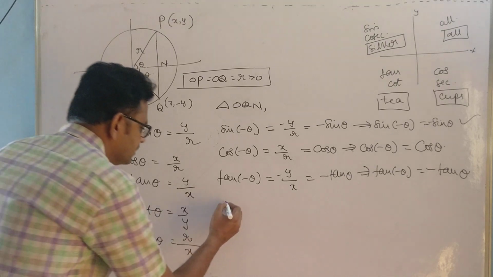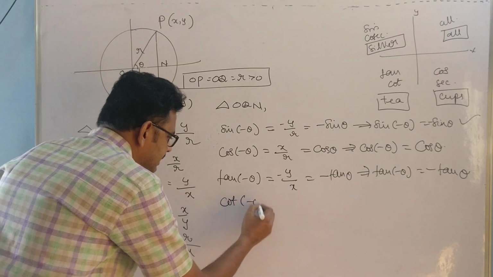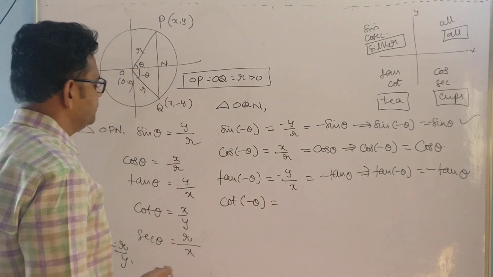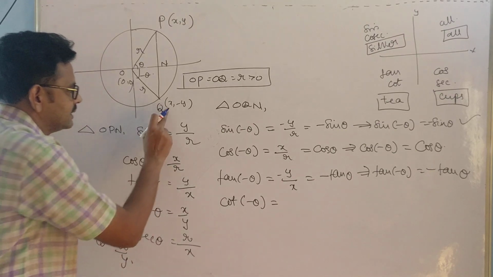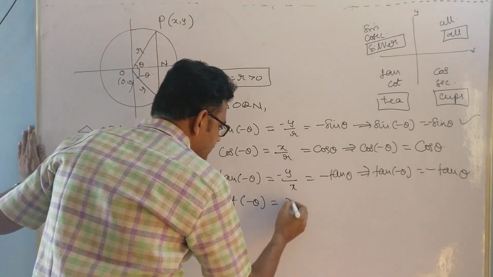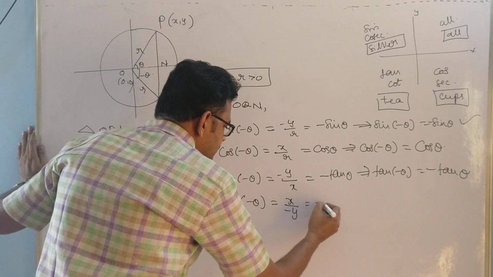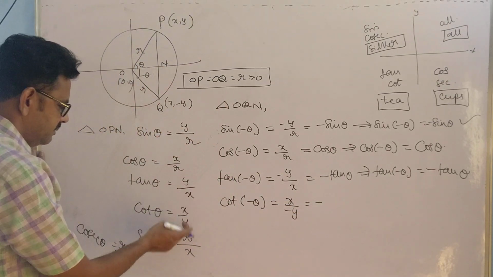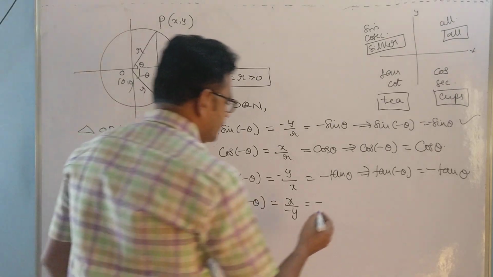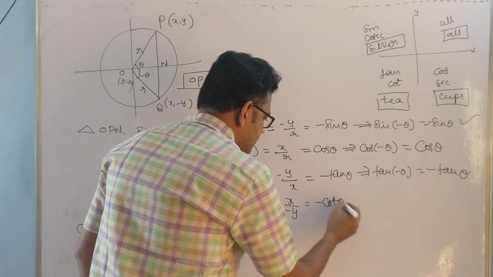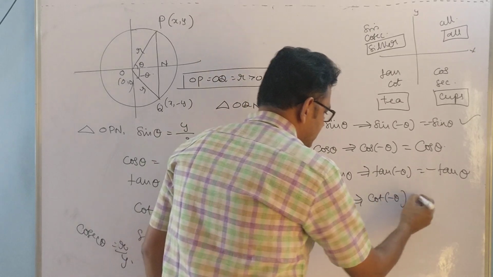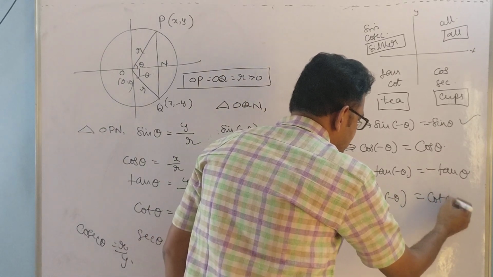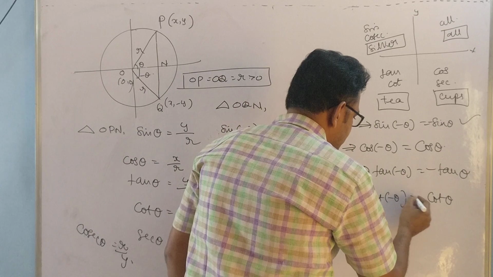And next one, cot of minus theta. Cot of minus theta is x by minus y. That is equal to minus x by y, which is cot theta. So cot of minus theta is equal to minus cot theta.